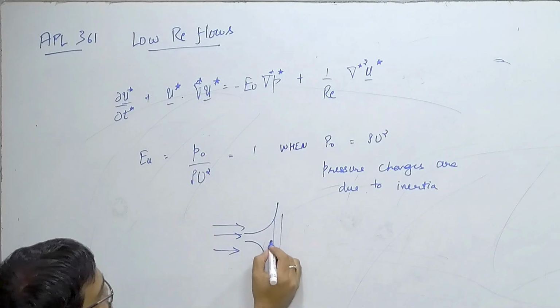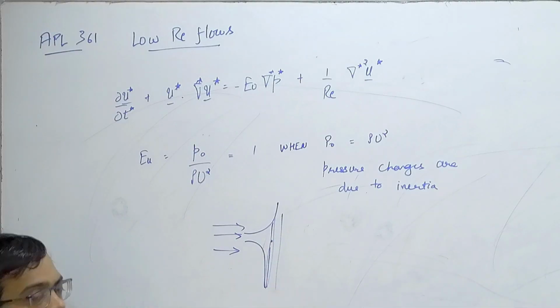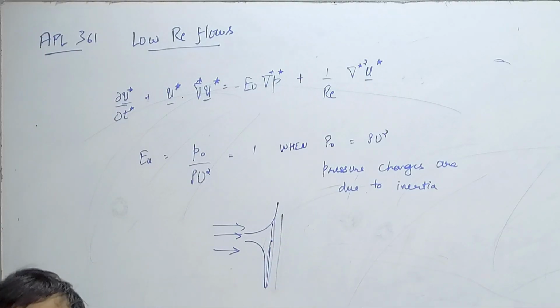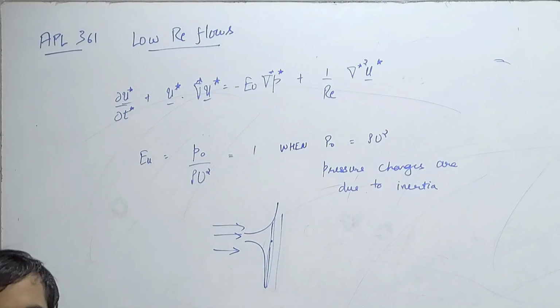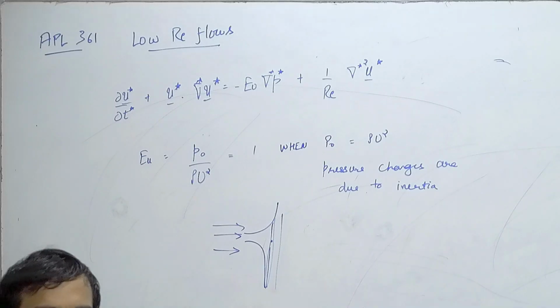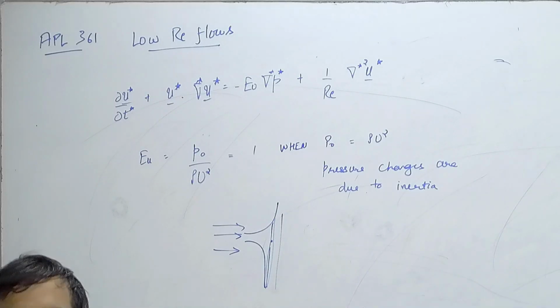You would expect that the pressure close to the plate will have variations from P infinity of order rho u square, which means here that let us say rho is 1 kg per meter cube, velocity is 10 meters per second. Okay, then you would have of order 100 Pascal pressure changes.